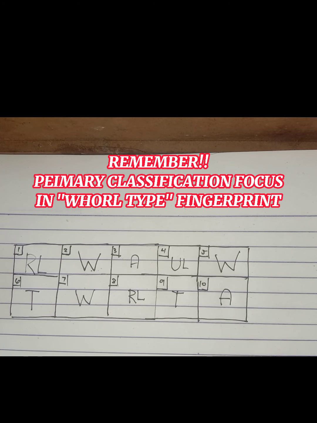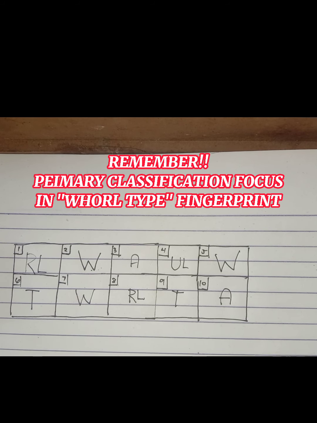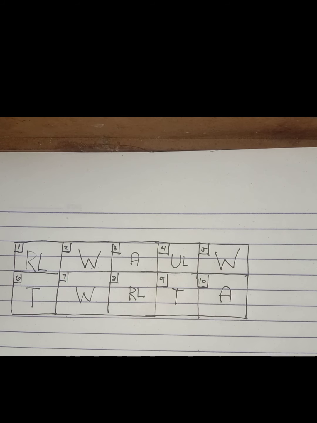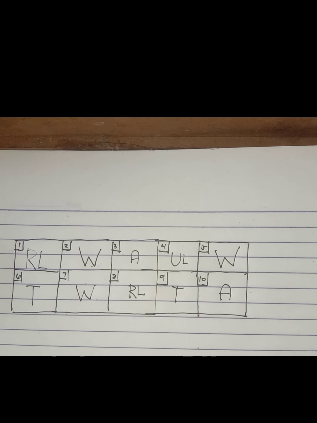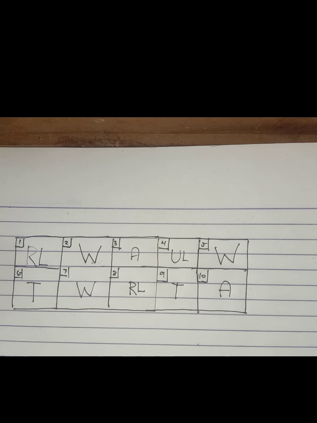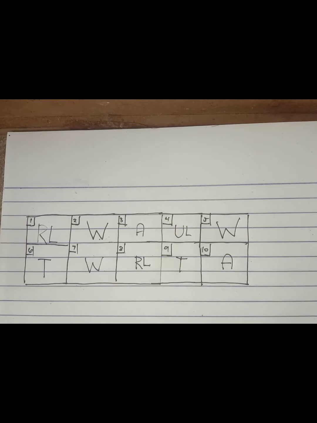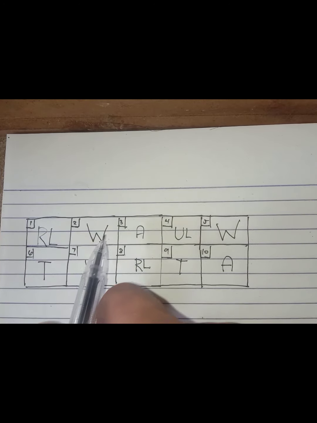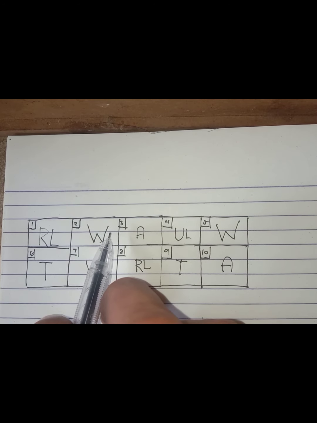Let's keep in mind that primary classification is focused only on whorl type of fingerprint. In order to understand and simplify, let's put the numerical values of each finger. Finger number 1 and finger number 2 have a numerical value of 16.